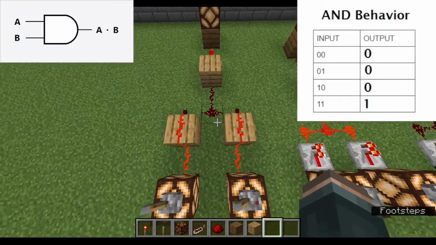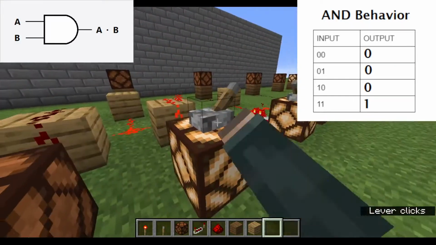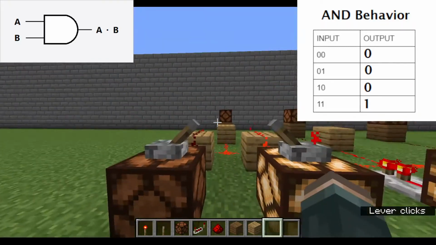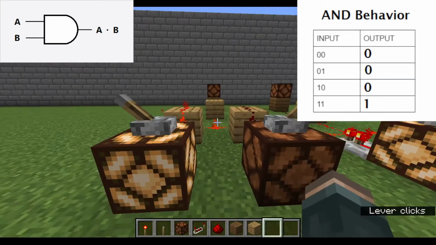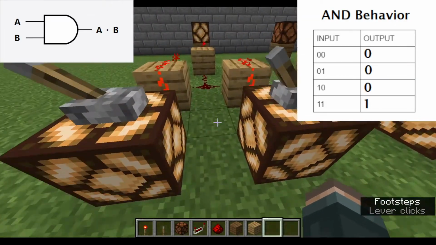So here's our finished AND gate. Let's test our behavior to make sure it complies with our truth table. So we have 0, 0 is a 0, 0, 1 is a 0, 1, 0 is a 0, and 1, 1 is a 1. So great, it works.